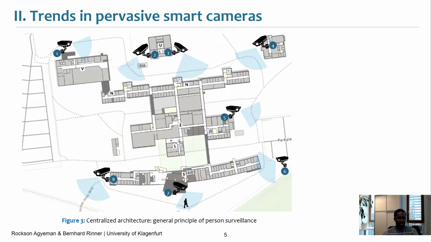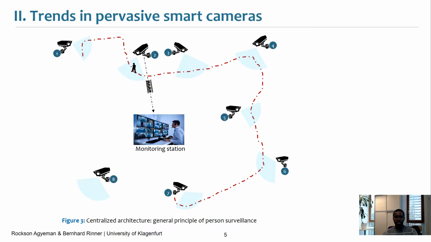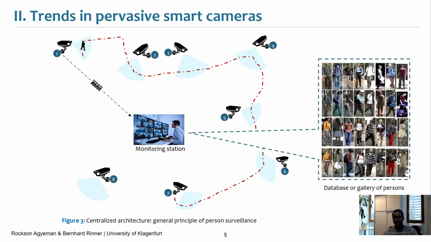Let's assume a person, X, is going to move all the way from building S to building V. In existing monitoring applications, as the entity transitions different camera views, videos or images are collected from the person by the different cameras and transmitted to a central location. Over time, a database is built on all the people that have transitioned or moved through the views of all the cameras.